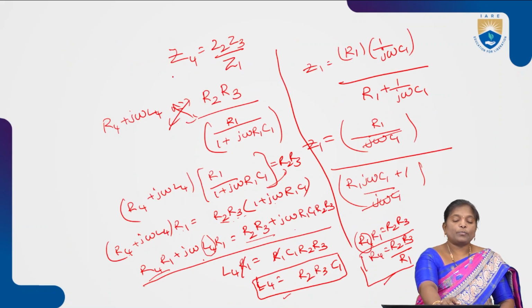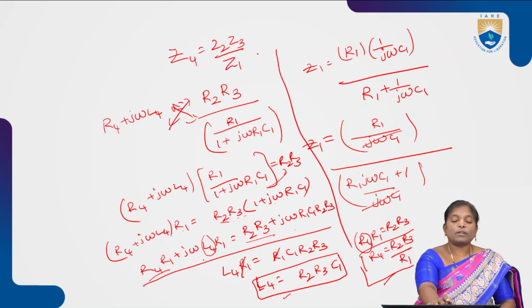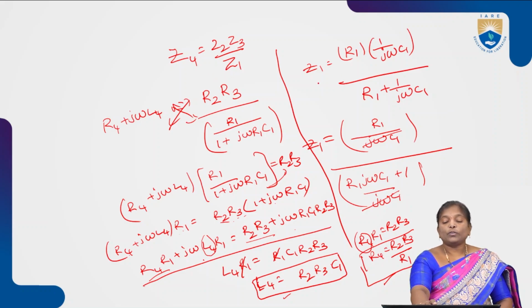That is, Z4 means R4 plus j omega L4 equal to Z2 is R2 and Z3 is R3 divided by the simplified expression for Z1, that is, we know that Z1 equal to R1 into 1 by j omega C1 by R1 plus 1 by j omega C1. By taking LCM in the denominator section and by cancelling j omega C1 on both the denominators, then we have R1 by 1 plus j omega C1 R1.